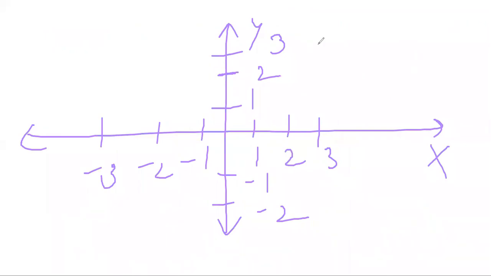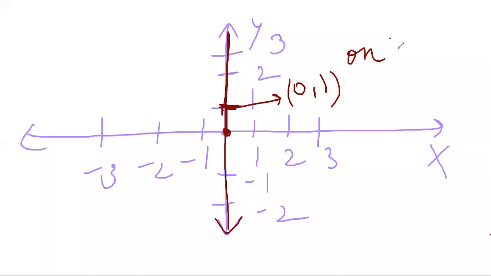Yes, 0, 1. So x 0, y 1. ये x 0 हुआ और ये y 1 हो गया. This point 0, 1 will lie on the y axis. जहाँ पे x 0 है वो y axis पे लाई करेंगे और जहाँ पे y 0 है वो x axis पे लाई करेंगे. Right? Yes, right on y axis.